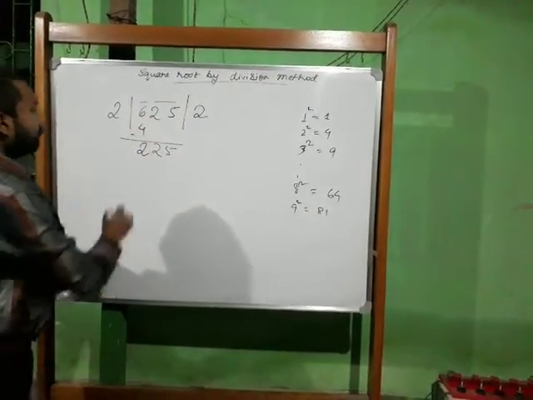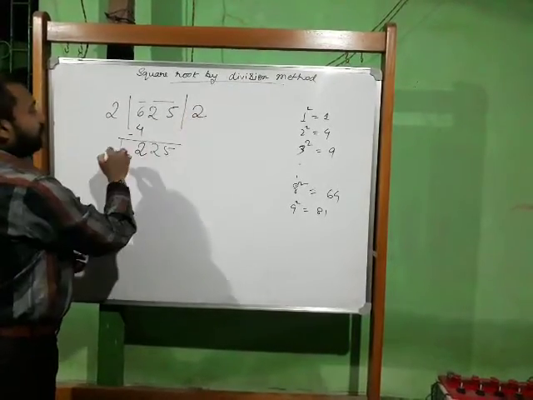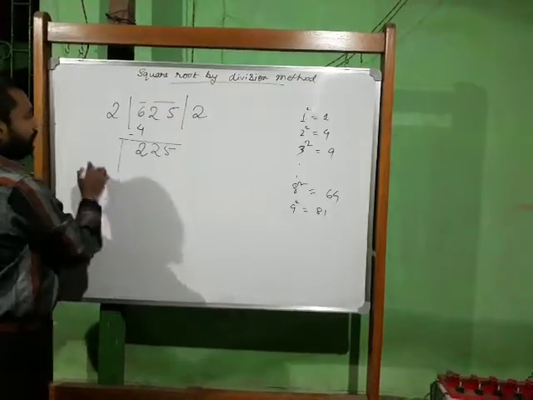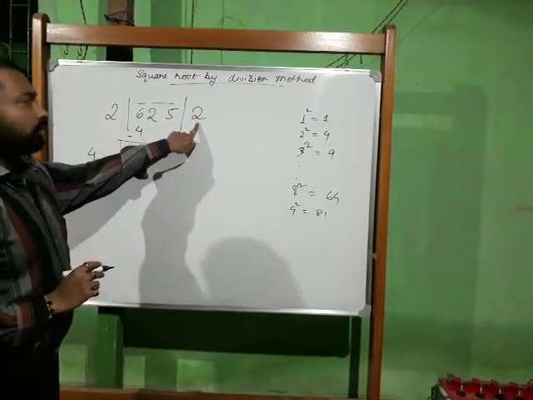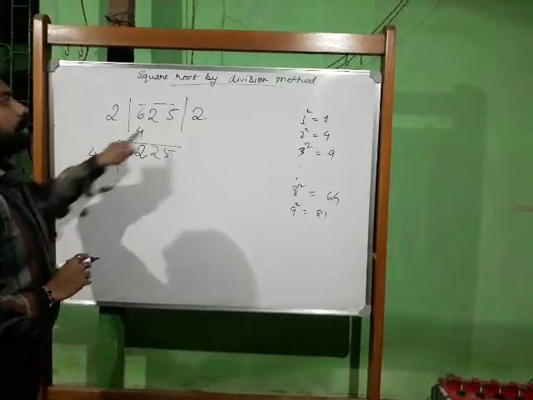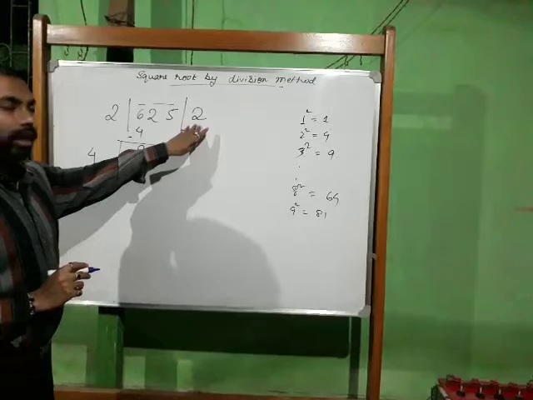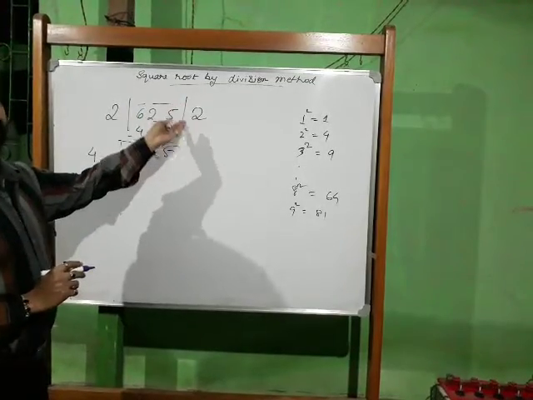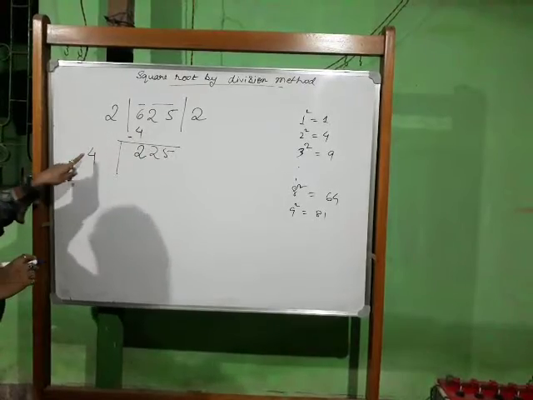Now whatever is in the quotient will be doubled. That means if here it is 2, it will become 4. Suppose it is 3, then we write 3 into 2, which is 6. So whatever is on the quotient side, we double it by multiplying with 2. So 2 becomes 4.